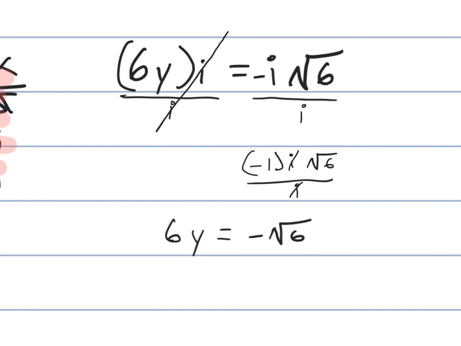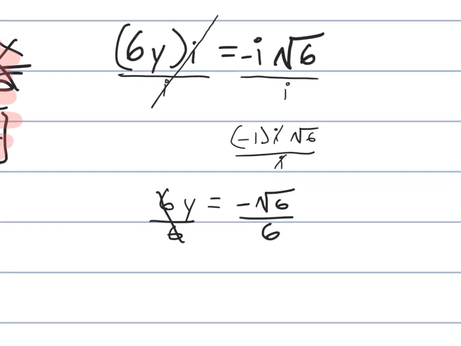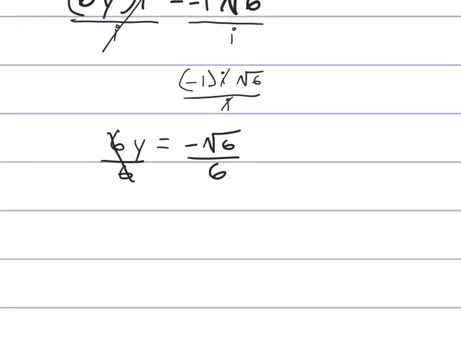Where do I go from there? I don't need to square it. Could you divide by 6? I would divide by 6. And we get y is equal to negative square root of 6 over 6.